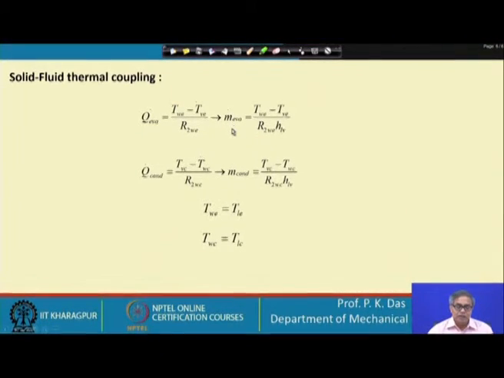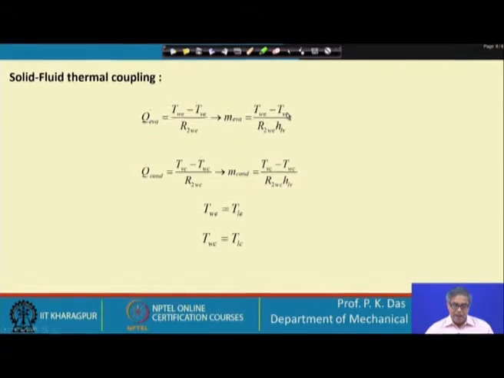That will give you some sort of mass flow rate. From this equation we get the mass flow rate by this particular formula, where H_LV is the latent heat of vaporization. This resistance we have to calculate.